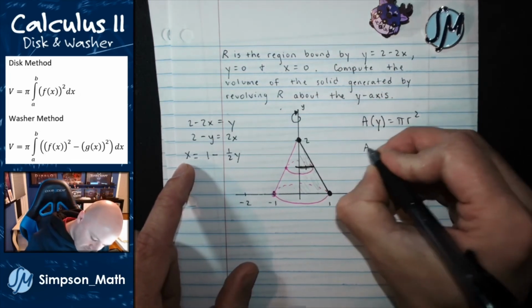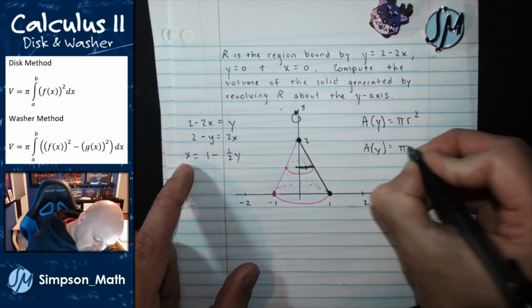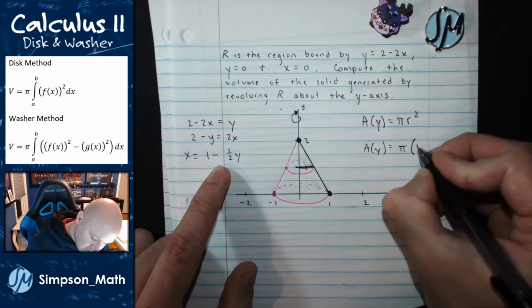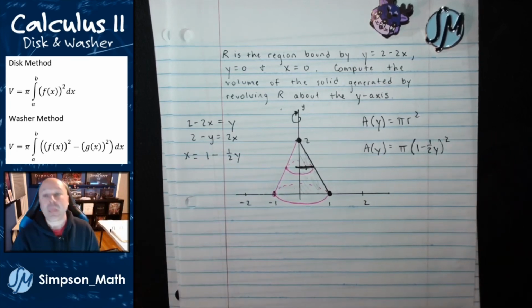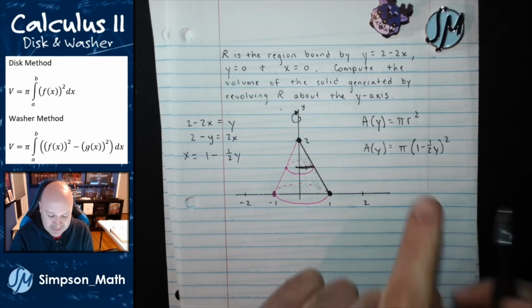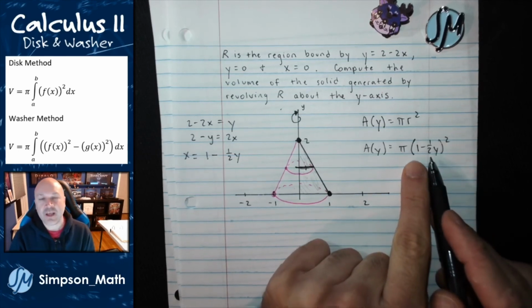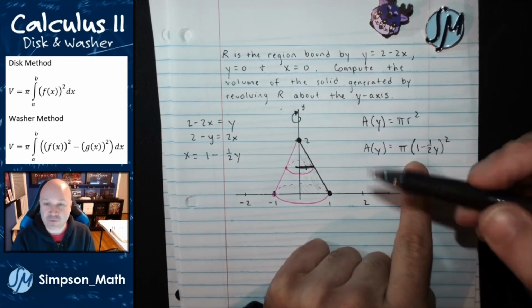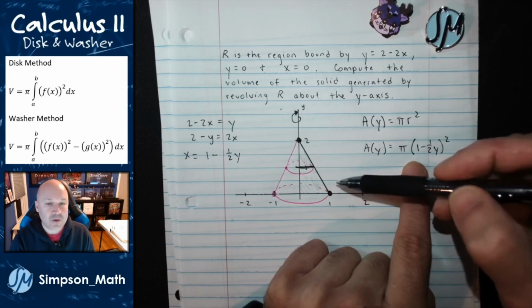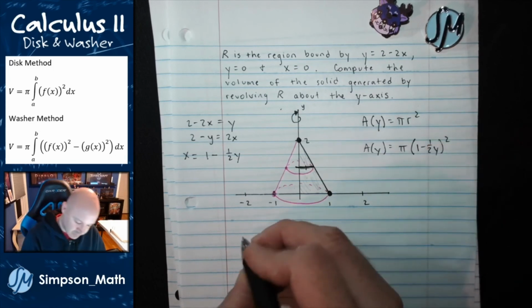Alright, so a of y is pi times that being squared. But I want the volume, so I'm going to just shove it into this formula, but it's the same idea. The volume just takes this area function and it's going to sum up all of them along the interval I'm talking about with respect to y, so from 0 to 2.